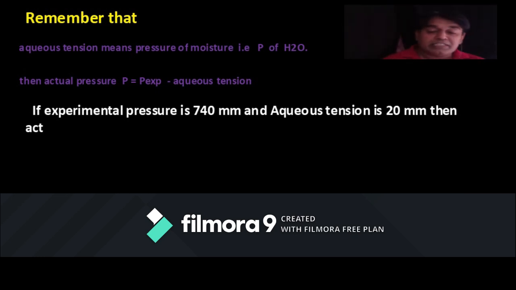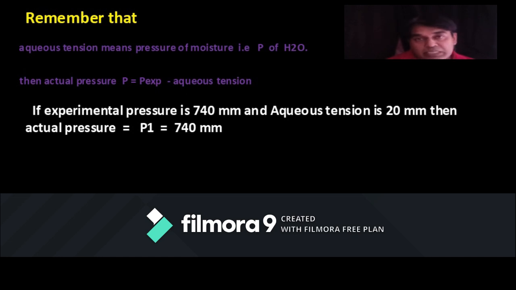The next example. In this example, if experimental pressure is 740 mm and aqueous tension is 20 mm, nothing but the pressure of the water or pressure of the volatile compound, then the actual pressure is easily determined in the following way. The actual pressure is considered as P1 equal to the pressure measured by experiment, 740 mm, minus aqueous tension, 20 mm.